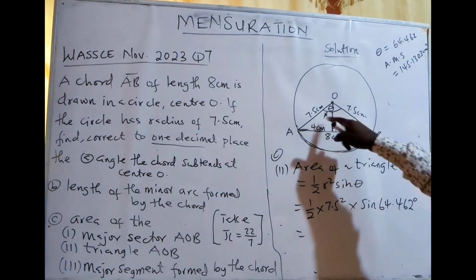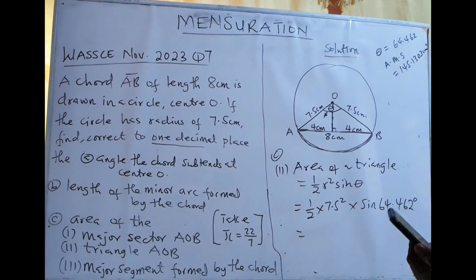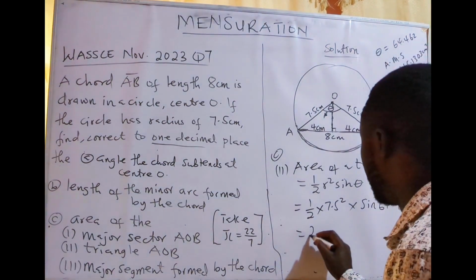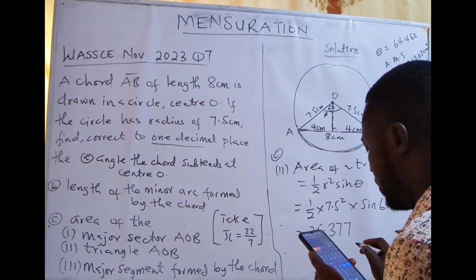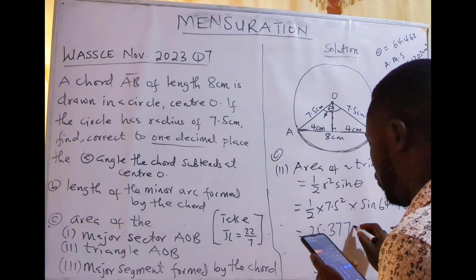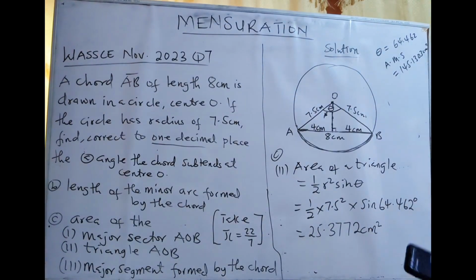So that becomes the area of the triangle AOB. So half times 7.5 squared times sine of 64.462. Okay, and that will give us 25.3772 centimeters squared.